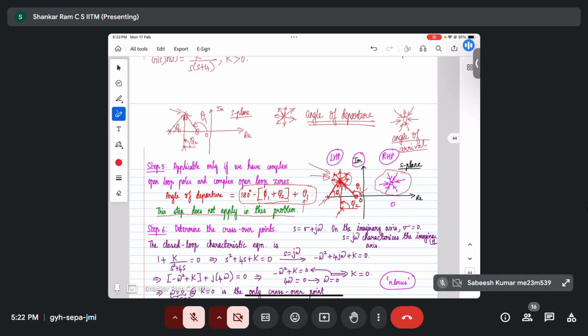When we have a complex open loop zero, we do the angle of arrival calculation on it. That is exactly the complement of this: 180 degrees minus the sum of the angles made by vectors drawn from other open loop zeros to this open loop zero, plus the sum of the angles made by the vectors drawn from all open loop poles to this particular zero. So you can see the symmetry in the formula.